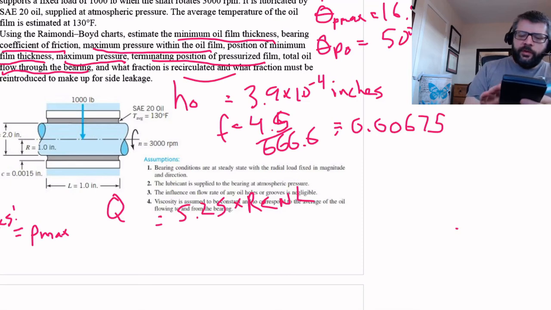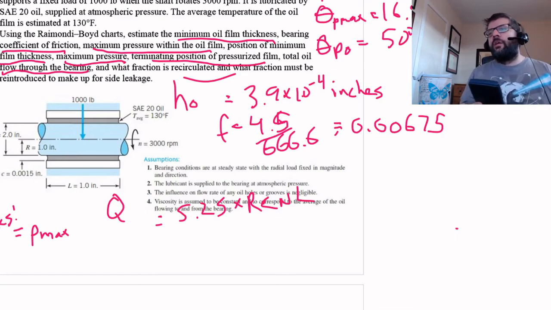So 5.25 times our radius of 1 inch times our radial clearance of 0.0015 times our rotational speed of 50 revolutions per second, times our L of 1 inch.